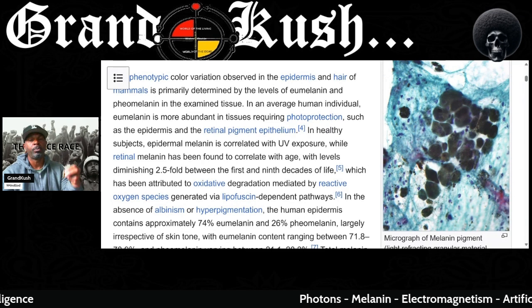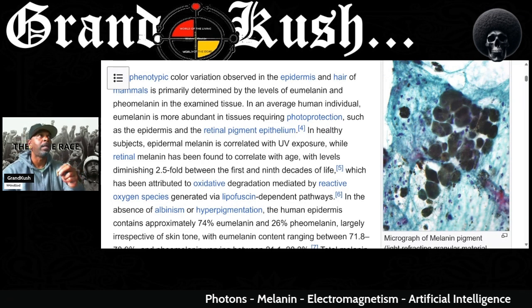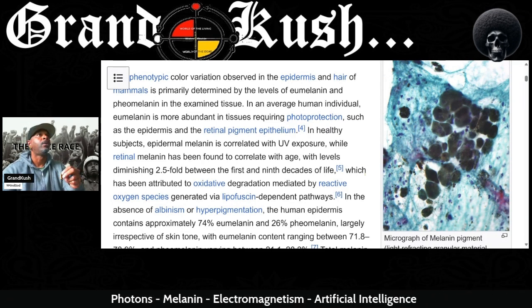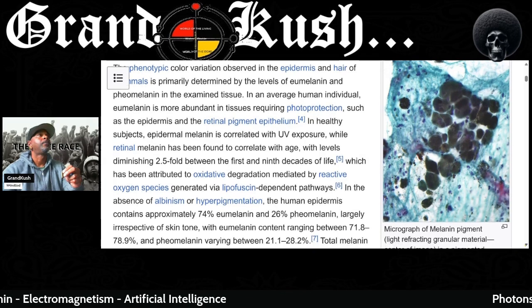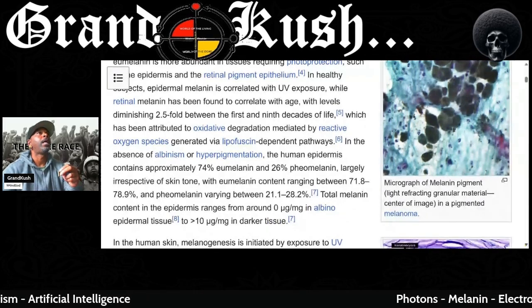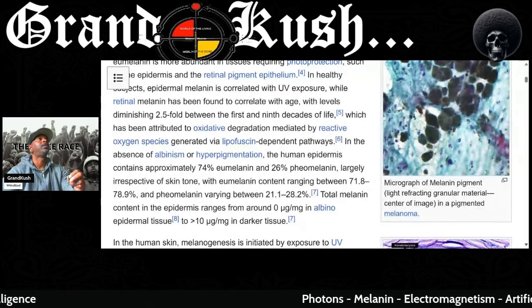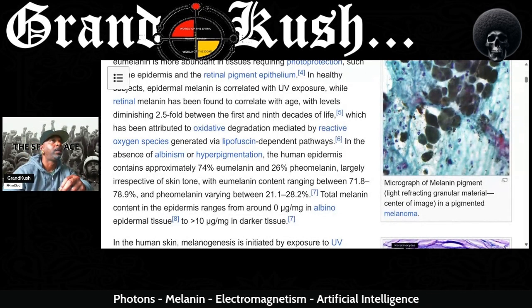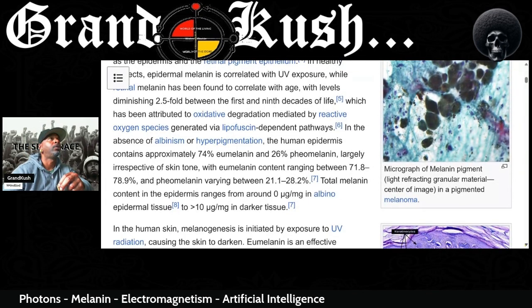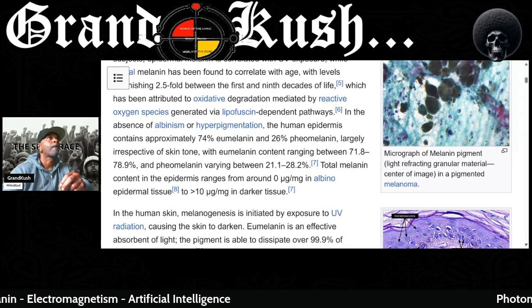Oh, as old age, you begin to lose the eumelanin in your eye, right? Okay, I'm not gonna go over that. The human epidermis contains approximately 74% eumelanin and 26% pheomelanin, largely irrespective of skin tone. Okay.